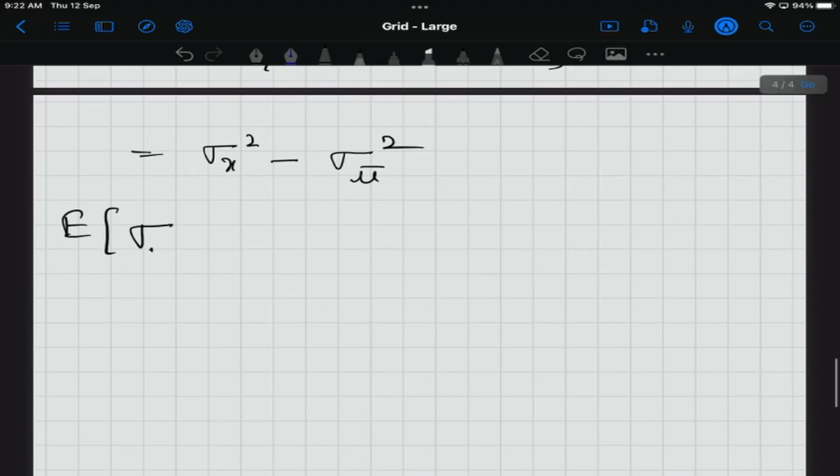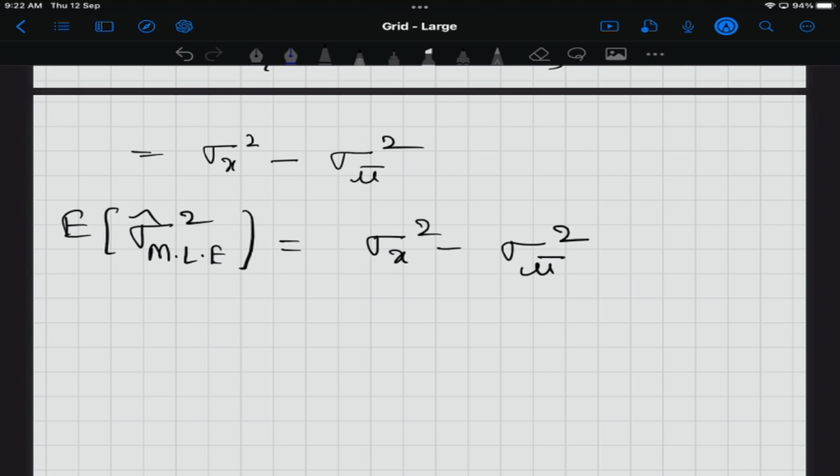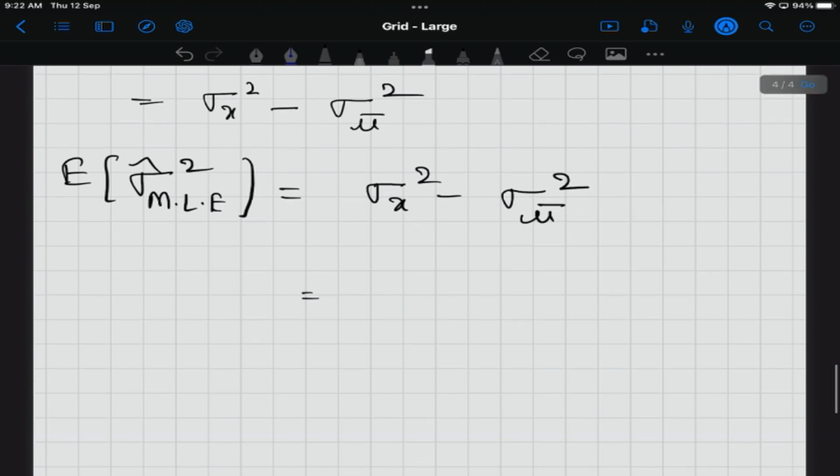Expectation of your MLE. So this is your sigma x square minus sigma mu hat square. This is nothing but the variance of your mu hat, right? So how can I write this?